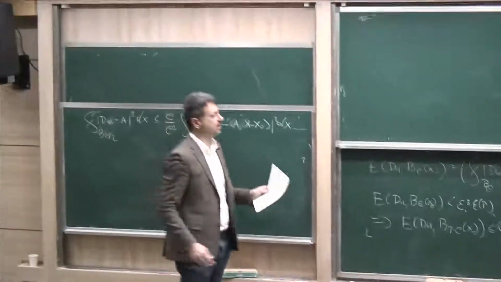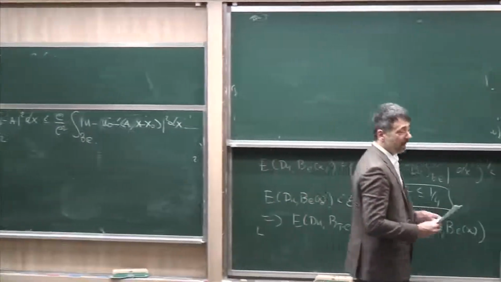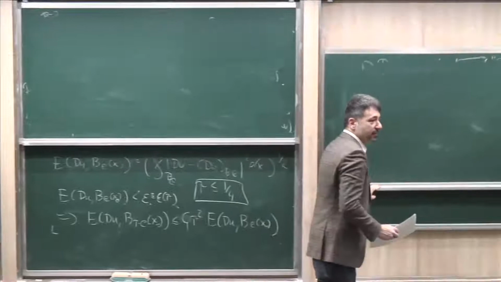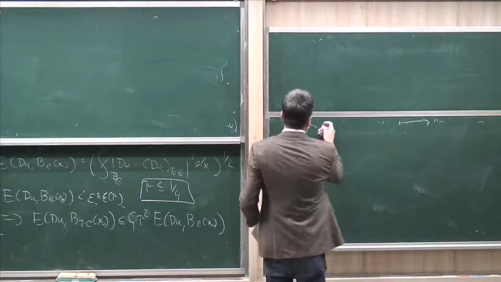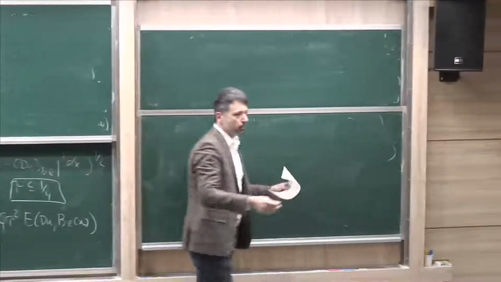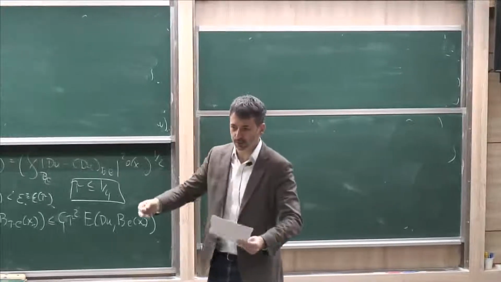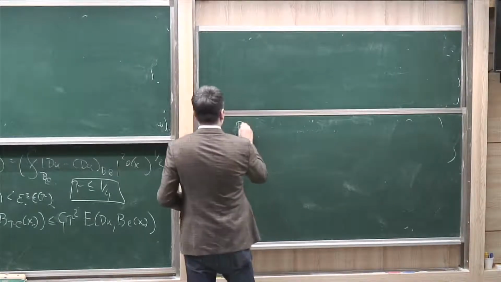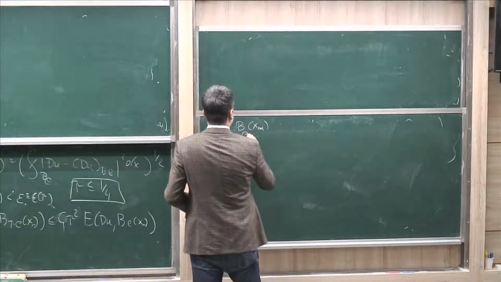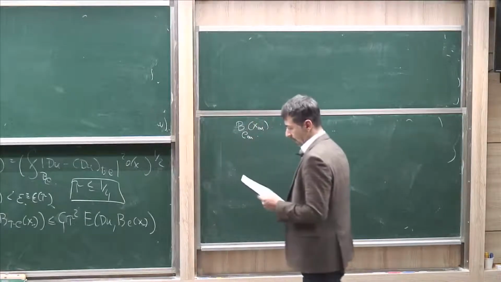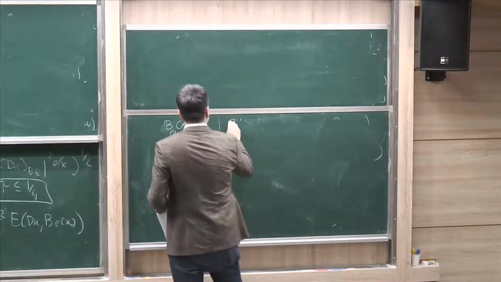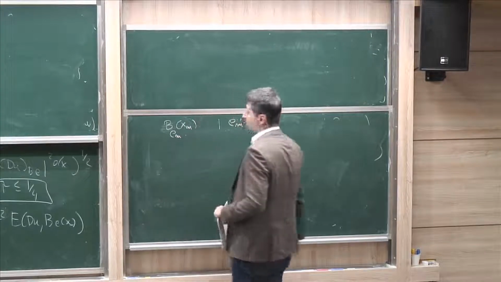Okay, assume that this is false. What happens if this is false? Now, if this is false, there will exist a sequence of solutions, but let me call it the usual solution, and a sequence of balls and of numbers, rho m, such that this is going to 0.